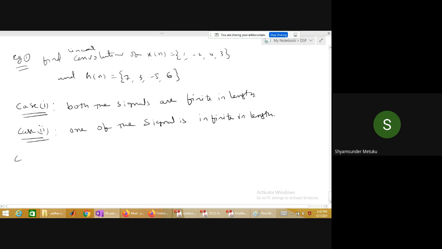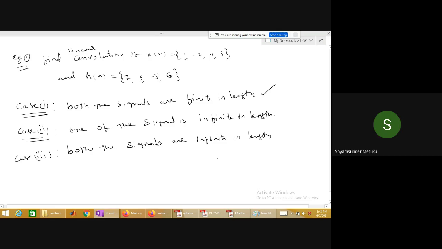Case 3, both the signals are infinite in length. Is it clear which one we are considering right now in the example? Case 1, yes or no?